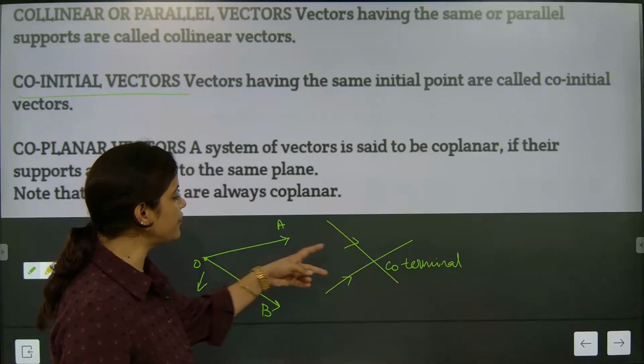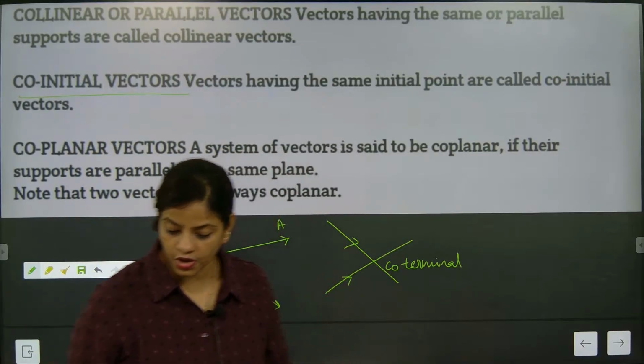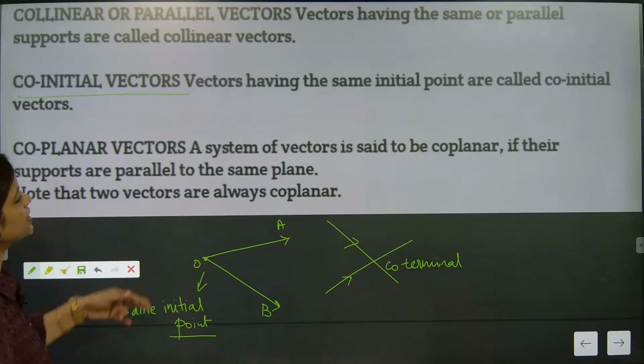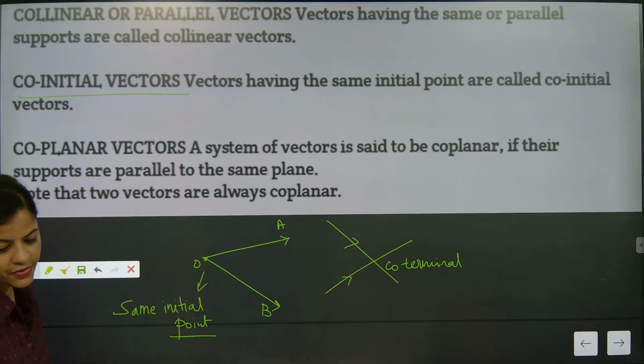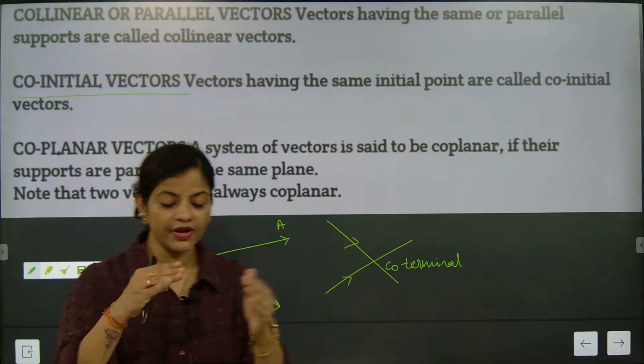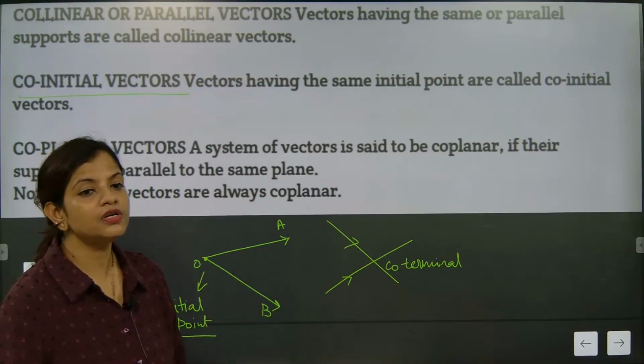Understood? Terminal means when the heads join together, it is considered co-terminal. Note down. So these are co-initial vectors and co-terminal vectors. When two vectors come from the same initial point, they are called co-initial vectors. When two vectors join at the same terminal point, they are called co-terminal vectors.